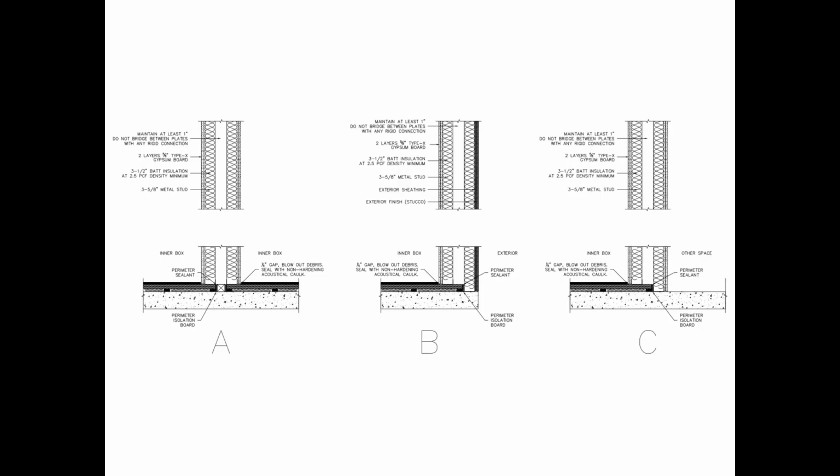Now, I have some sections here through these walls to show you what they are. So most of them are like a double stud, airspace in between, a couple layers of gypsum board on each side. This one's different in that there's the exterior wall there. But it's easy to get a wall.